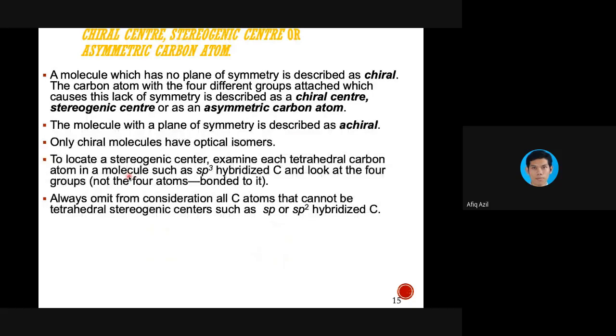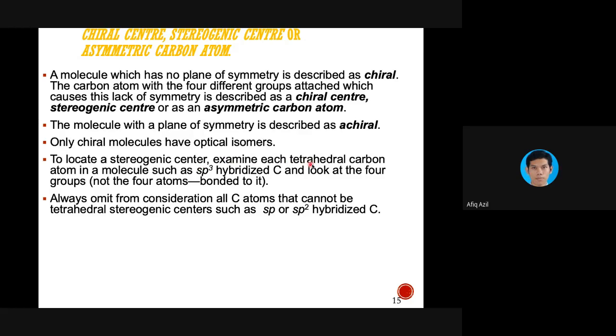To locate a stereogenic center, you have to check the tetrahedral carbon that is available in the molecule. A tetrahedral carbon is sp3 hybridized, meaning the carbon contains 4 bonds. If you see any carbon with a double or triple bond, that is not sp3 hybridized.